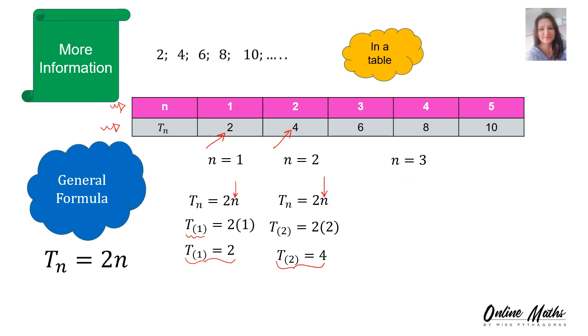So when I substitute n is equal to 3 into the general formula for the sequence, 2 times 3, I get T3 is equal to 6, and this means the value of the third term is equal to 6 indeed. So in the end, the general formula will help you to find the value of any term in your sequence.